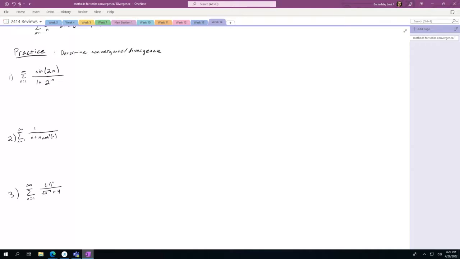So the fact that it was sine of 2n rather than just sine of n? Yeah. Well, no, the sine of 2n, I kind of understood, because it goes between -1 and 1, and you can kind of make that 1, and then you can divide the 1 part by 1/2n. Like this, you're saying?